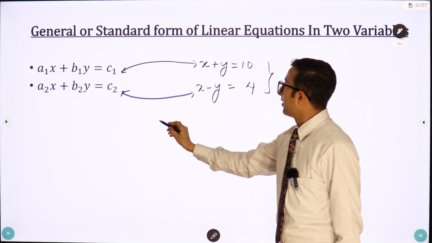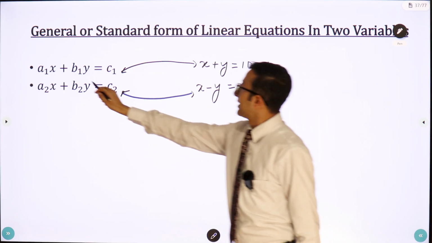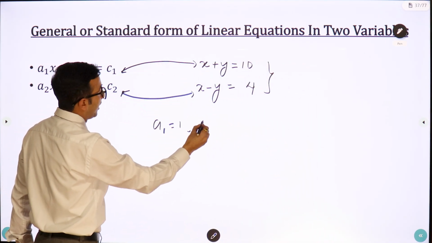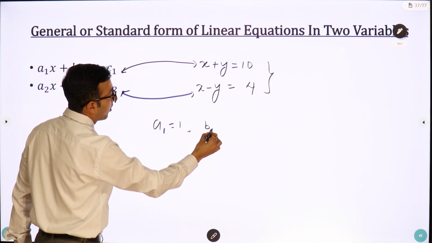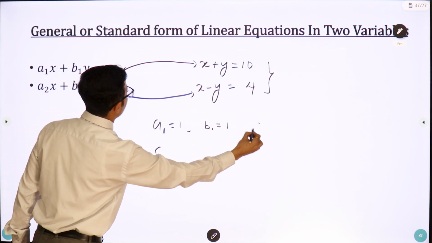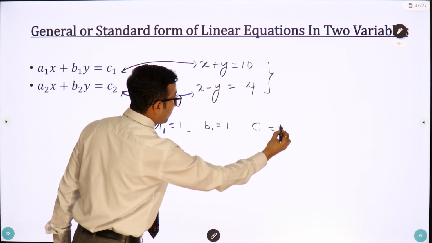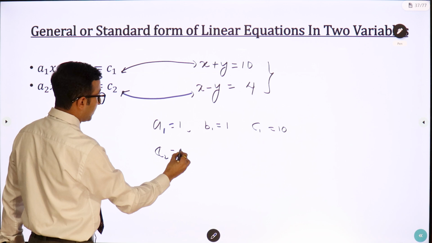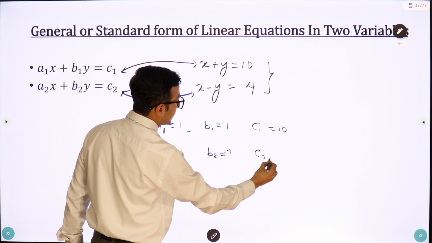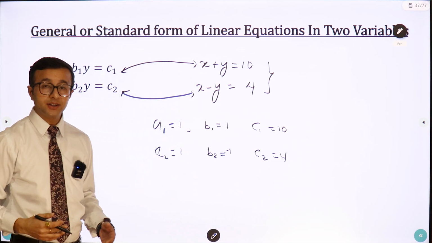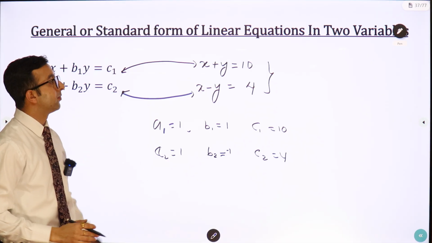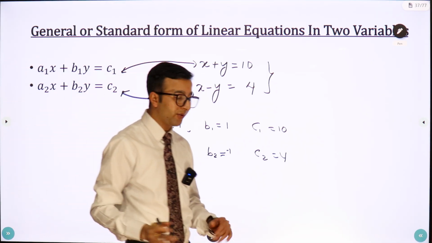In place of a1, the coefficient of x, you get 1. b1, the coefficient of y, is also 1. c1 is 10. Then a2 is 1, b2 is minus 1, and c2 is equal to 4. These are the comparisons of the coefficients in a pair of linear equations in two variables.